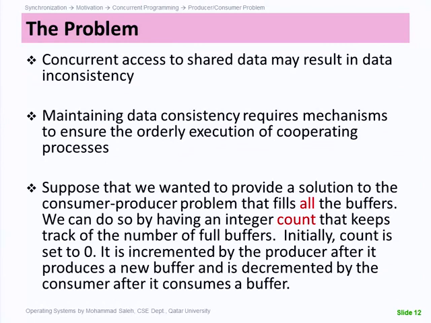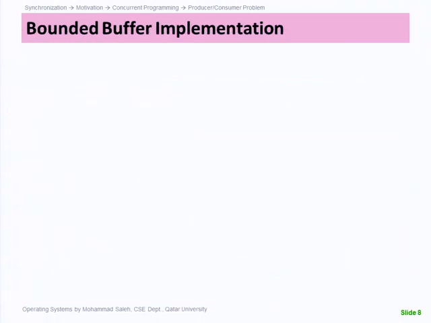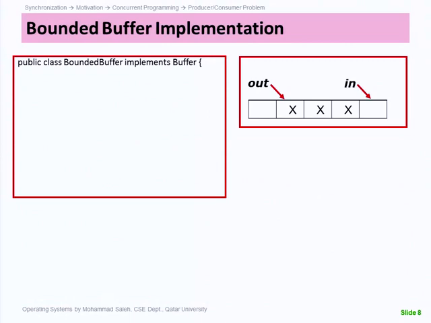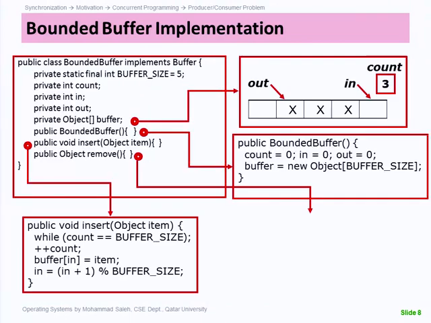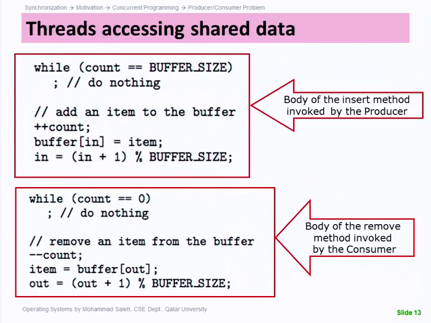Now, looking at this code, the code of producer, of insert and remove, they share the object buffer, right? And we think that they should work nicely, okay? However, what is the actual shared value in the object buffer that might cause a problem?